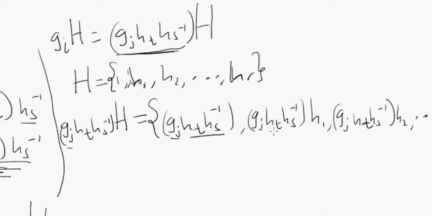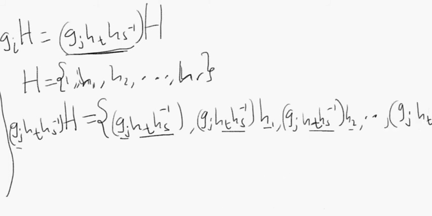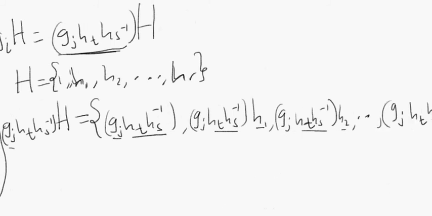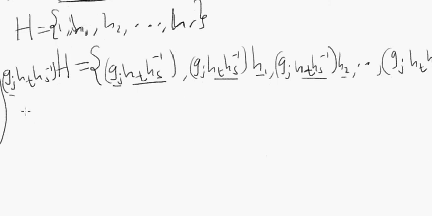Maybe let's proceed systematically, so make sure we get this right. So we could rewrite this as follows. See if you agree with this. So this same coset now becomes, well, just GJ, right, times HT. Okay, in this case we've changed nothing, times HS inverse. Sure.